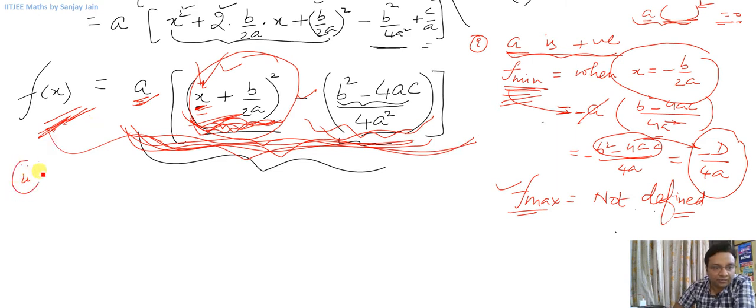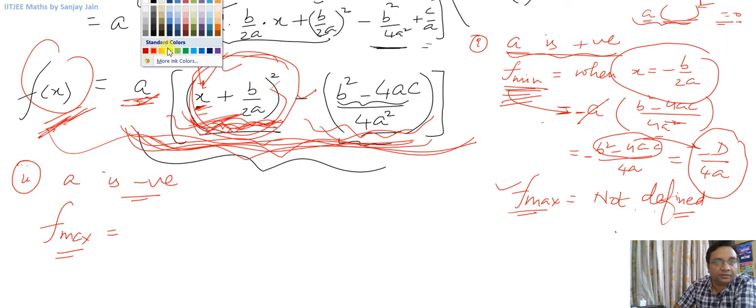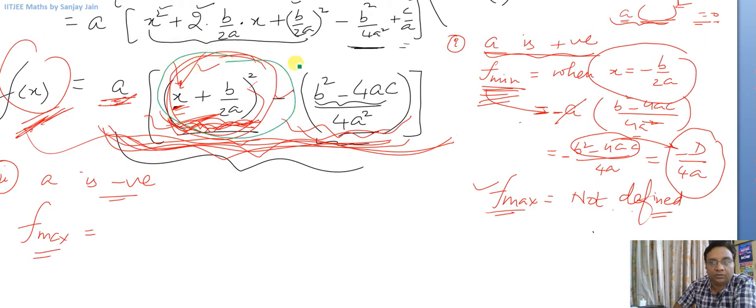What is case number 2? When a is negative. So if this a is negative in this expression, this entire expression will have its maximum value when this expression here is 0. Okay, when this expression is 0. Why?